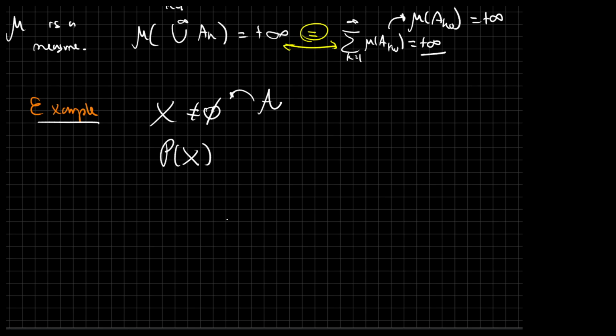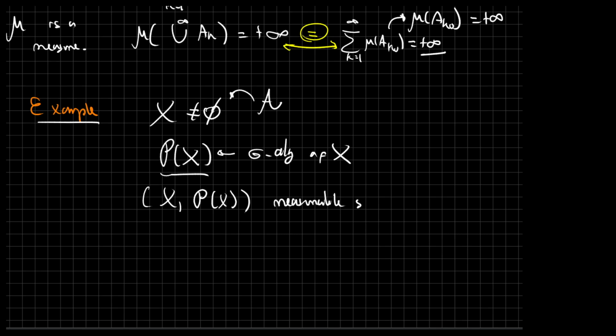In the first lecture, we reviewed that this was a sigma algebra, a trivial sigma algebra of X. And that is, of course, the biggest sigma algebra that you can associate a set with. So we have then X and its power set. This is a measurable space.